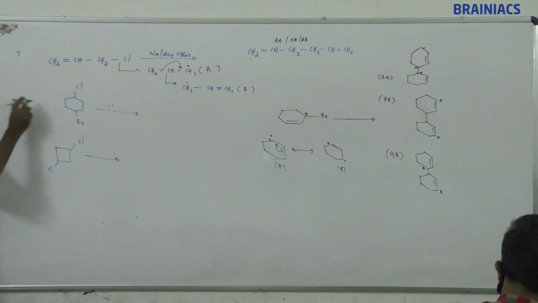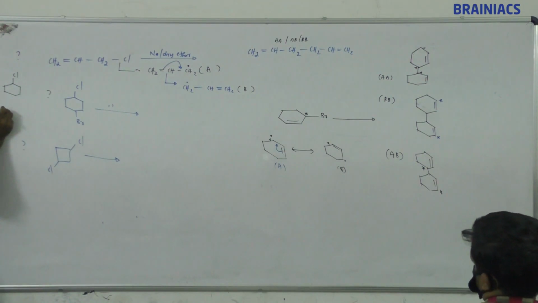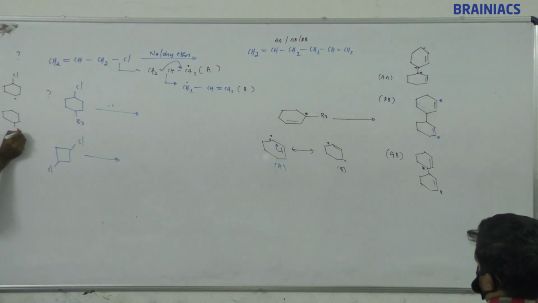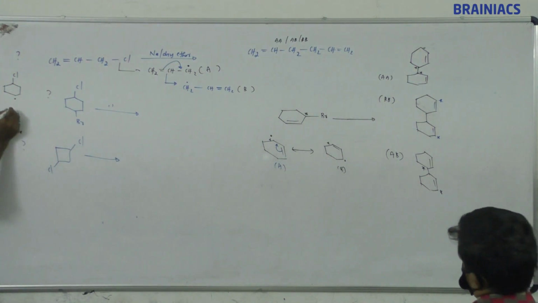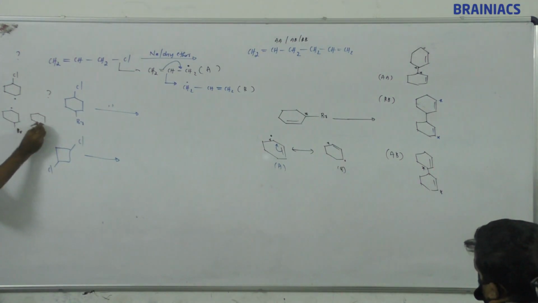Wait, what about here? I'll explain the whole. Here is a chance for, listen, 3 different types of radicals. Possibly 2 different types of radical. One is this one. Okay. Sorry, not 2, 3. The second one is this one. The third one, both may cleave.